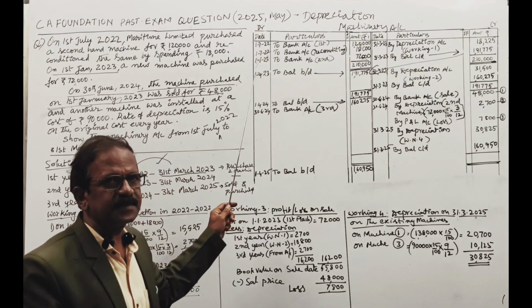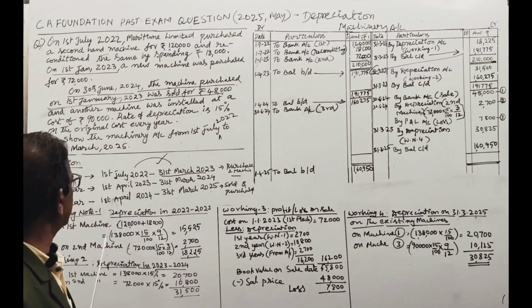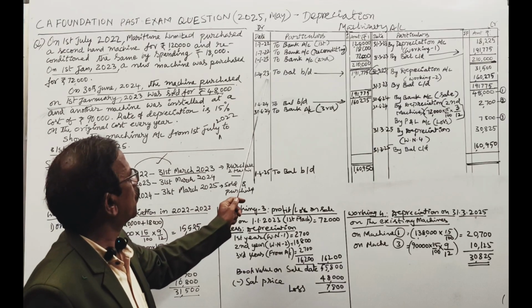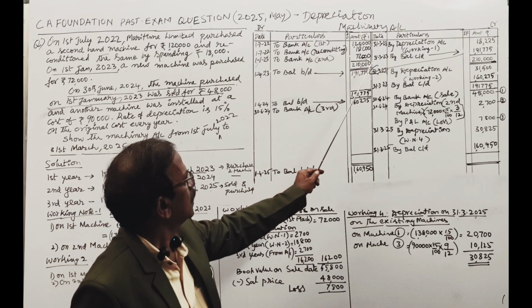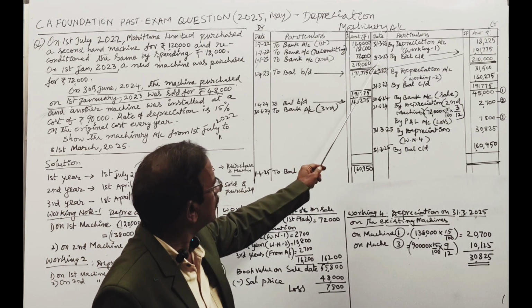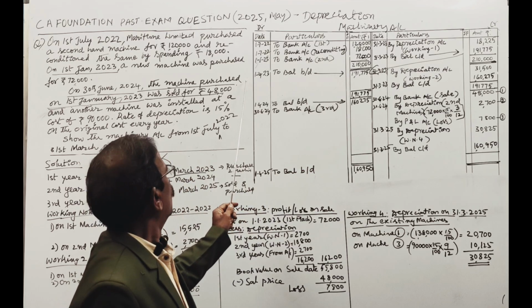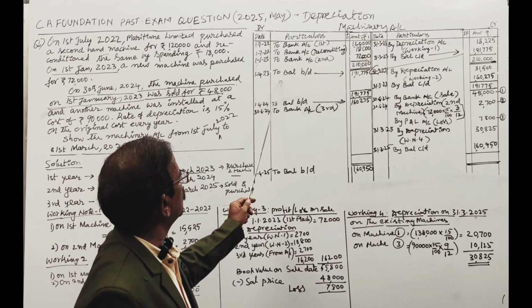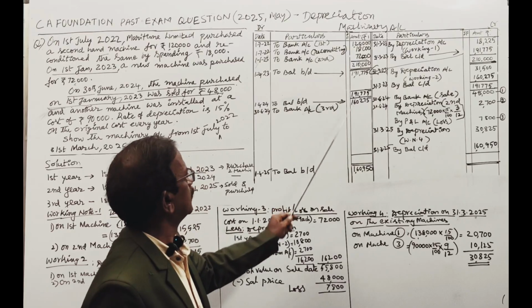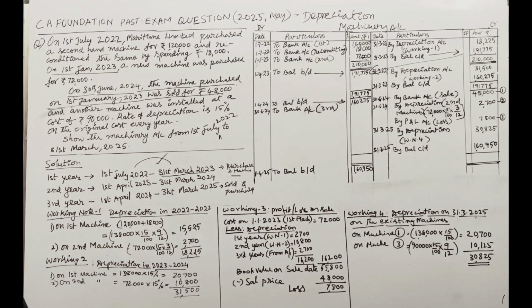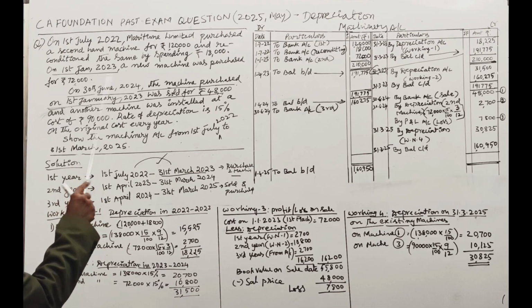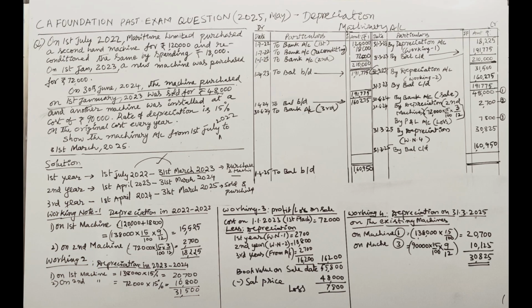What is the date of the second year? Here we have already written the same date, 1/4/2023. Otherwise, the very next day of this date, 1/4/2023, balance brought down, you should write. Now again you have to read the question to find out whether there are any transactions relating to this machinery, whether any purchases are there or not.